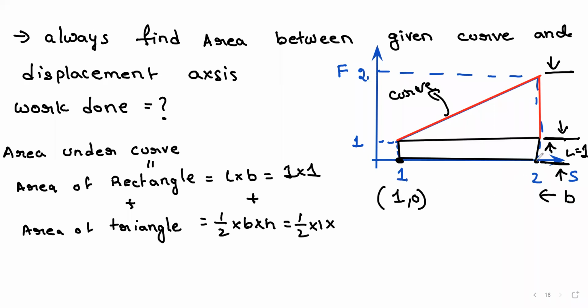What is the position of this point? 2, 0. So let's say there are 2 points, x1, y1 and x2, y2.